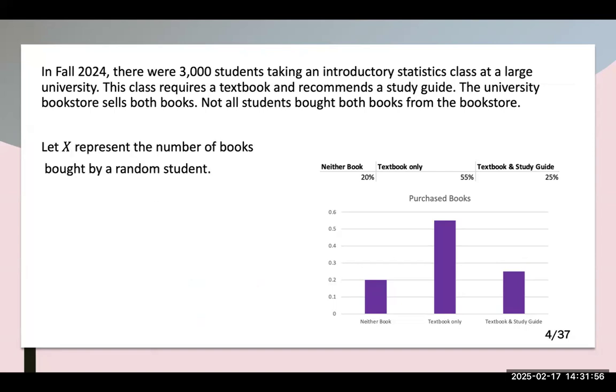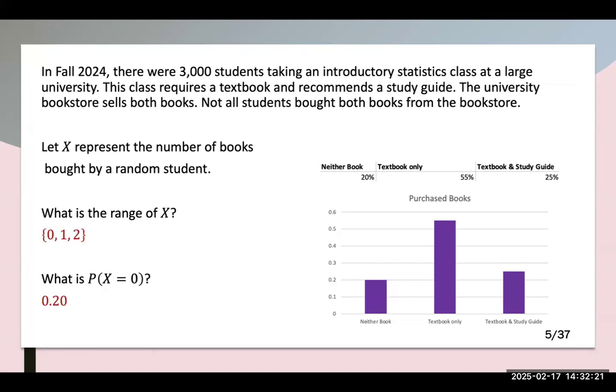Now let's allow X to represent the number of books bought by a random student at the bookstore. What is the range of X, and what is the probability X is equal to 0? So if X represents the number of books, they're either going to buy neither book, one book, or 2 books.